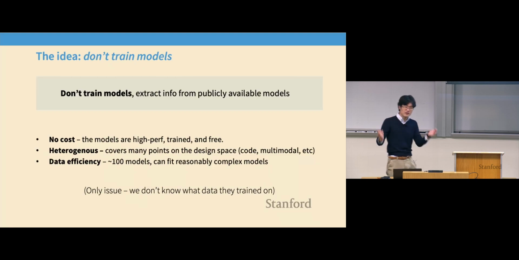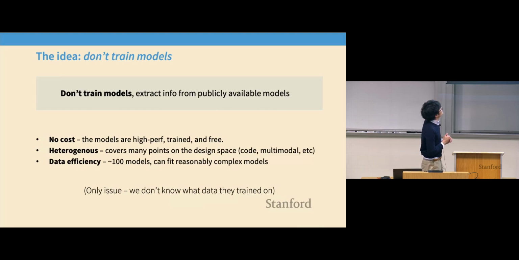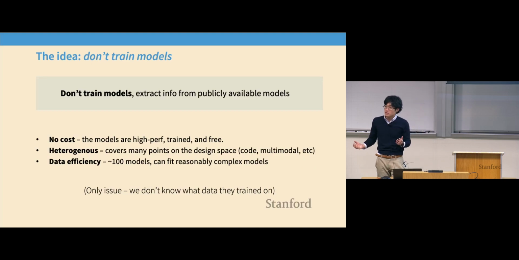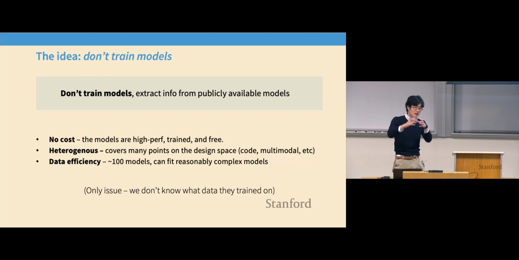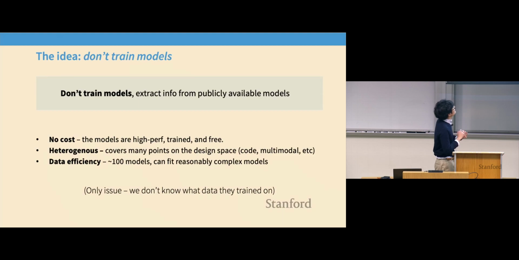It seems very silly for me to spend my own money to train my own model when so many high-performance models are already available. If I can use these publicly available models and understand them in a deep way, to understand the relationship between training data and downstream performance, then maybe I have a way of understanding data at scale.